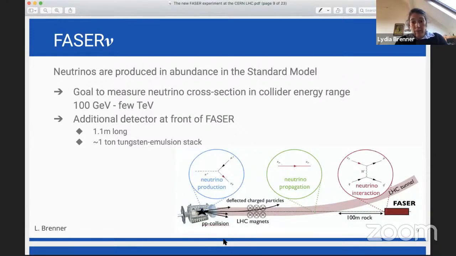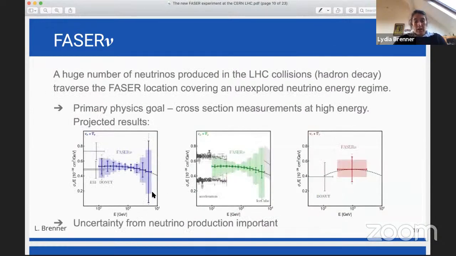This muon neutrino then propagates through all of the rock in the line of sight of FASER, and then interacts, which we can then measure inside the FASERnu detector. So a huge number of neutrinos are produced in LHC collisions, in, for example, hadron decays, and then travel to the FASER location, covering an unexplored neutrino energy regime.